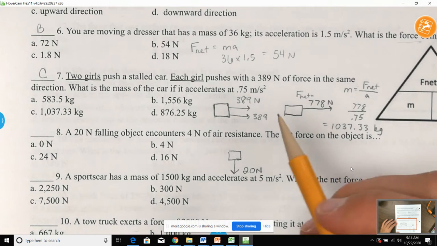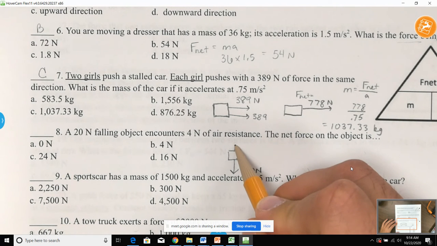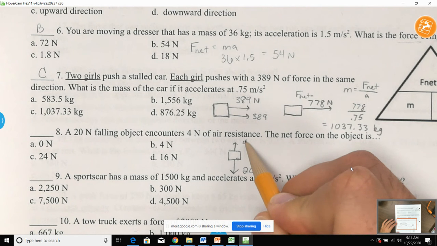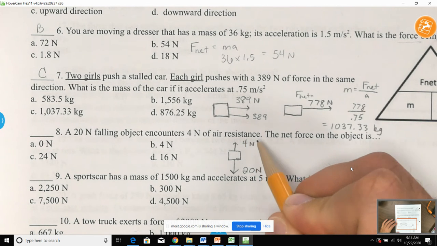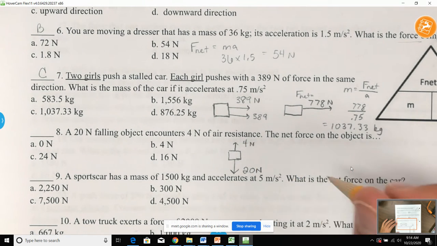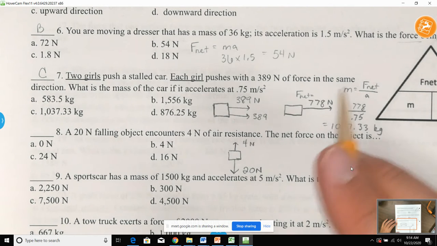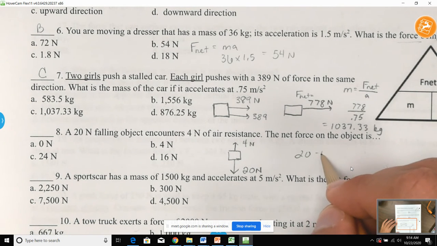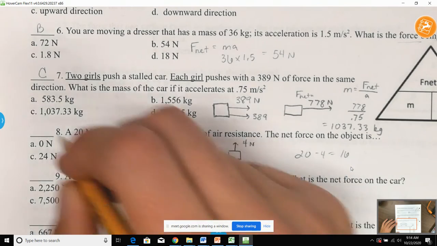Air resistance would go against that, yes? And how much was that? Good, 4 newtons. So forces in opposite directions, what do we do with them? Subtract them. So 20 minus 4 is 16. Letter D.